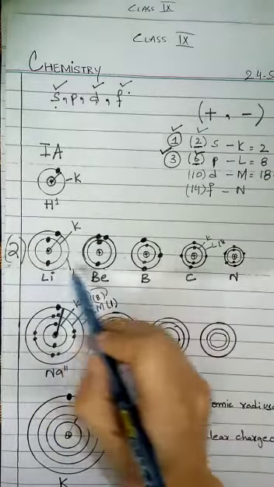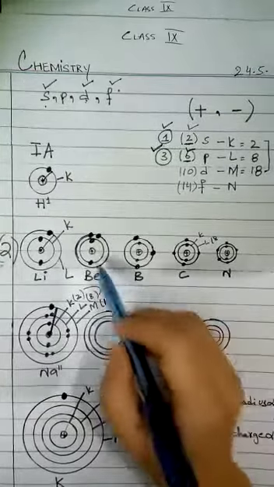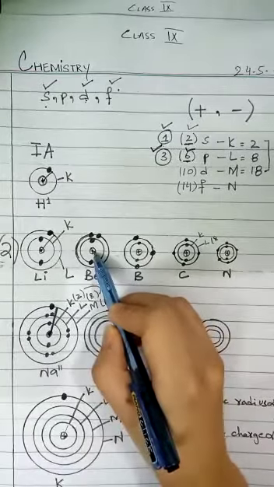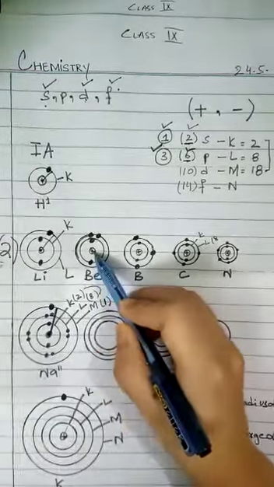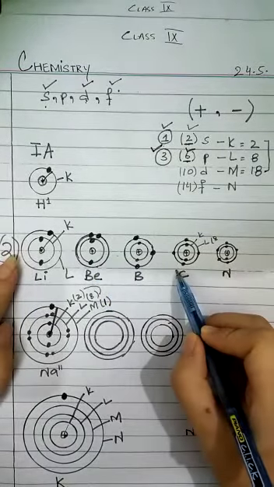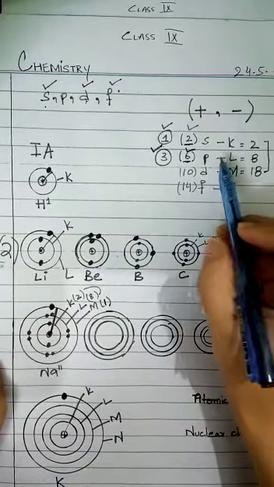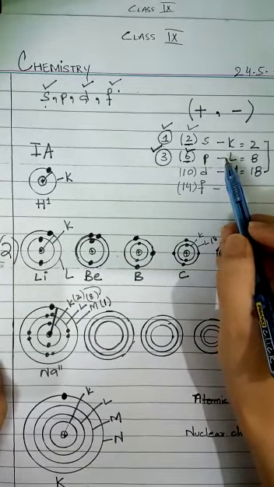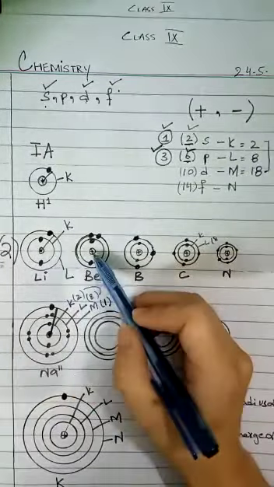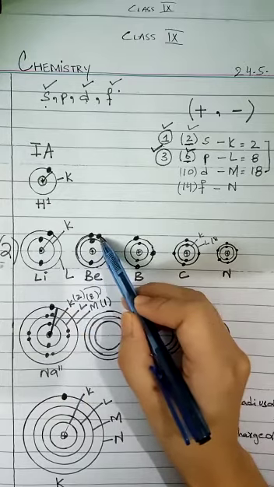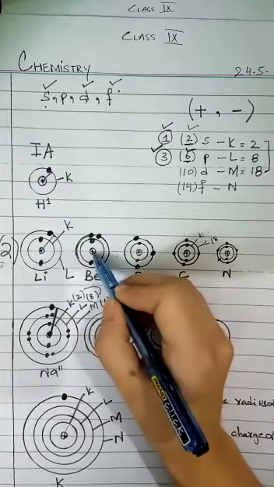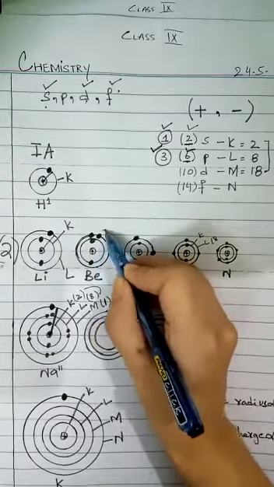But when we go from left to right in a period, this nuclear charge increases. Nuclear charge increases because size of atom decreases. Nuclear charge means force of attraction. Opposite charges always attract each other and same charges repel each other. So there is a force of attraction between the nucleus and the electron, because nucleus is positive and electron is negative.